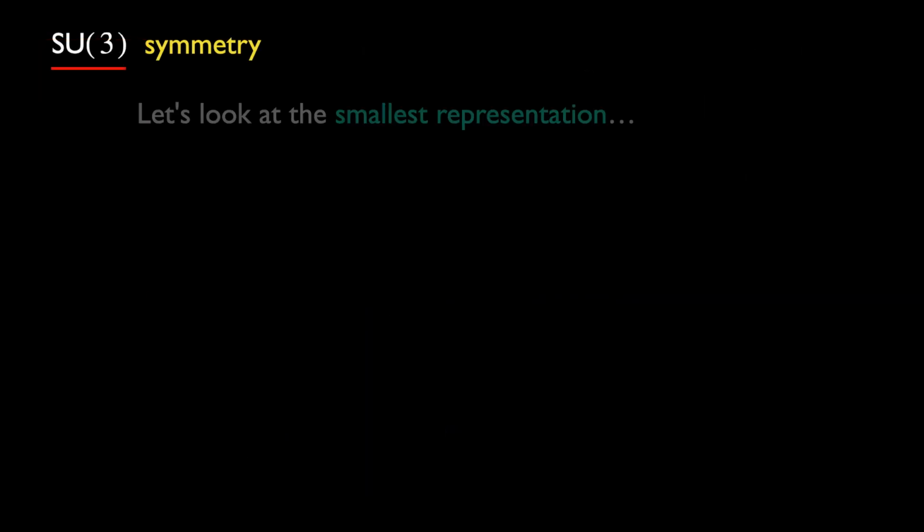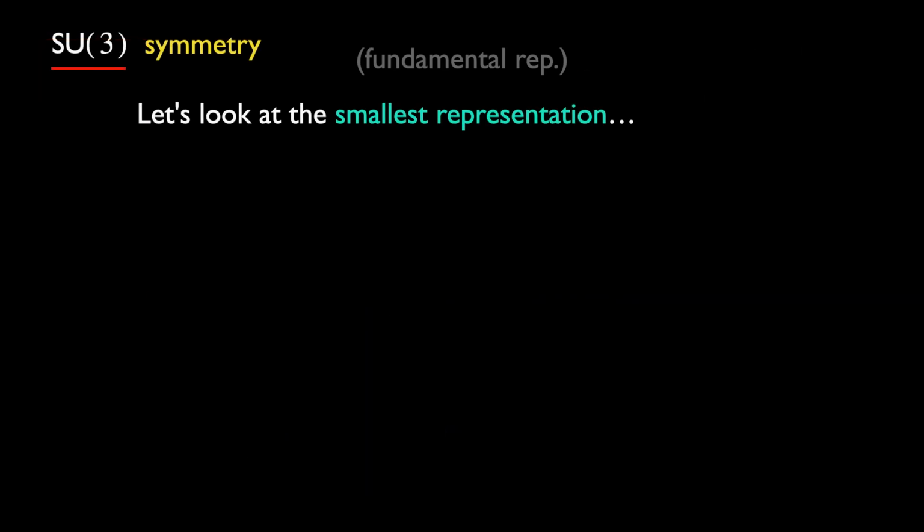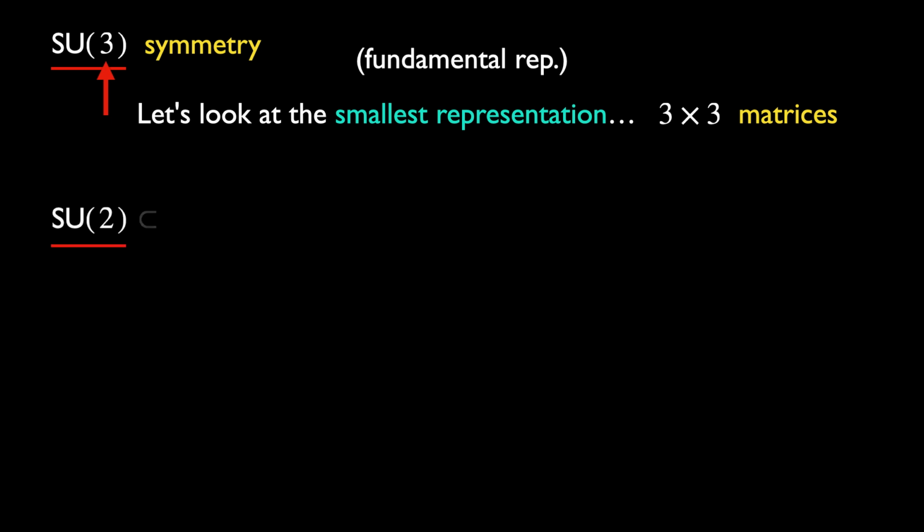Let's look at the smallest representation of the SU(3) symmetry, or its fundamental representation, in the form of 3x3 matrices. But first, let's examine the SU(2) in more detail, since it is a subgroup of SU(3), as we can see from how the SU(2) multiplets are embedded within an SU(3) multiplet.